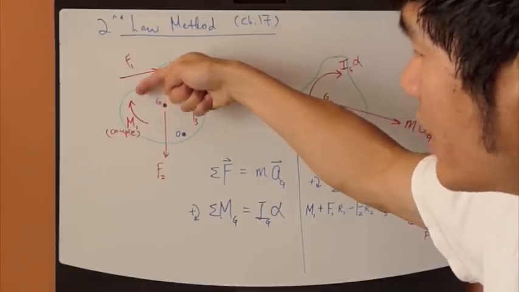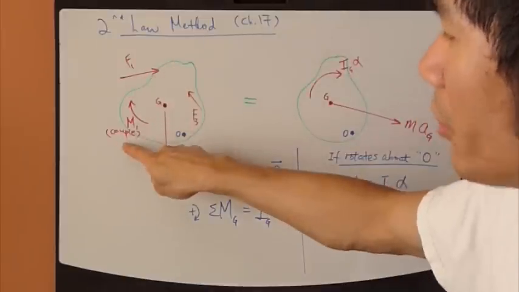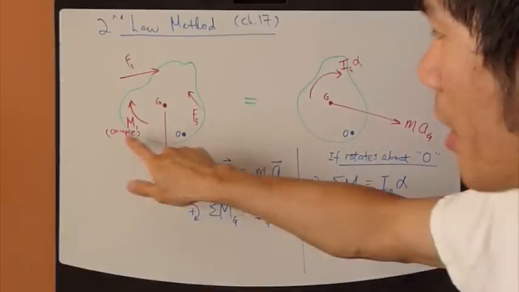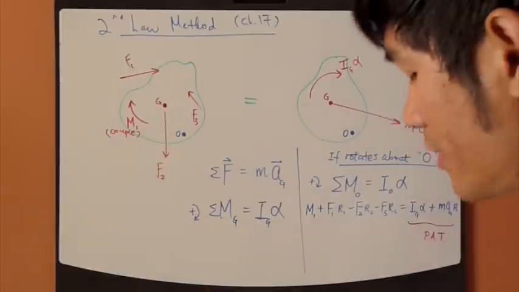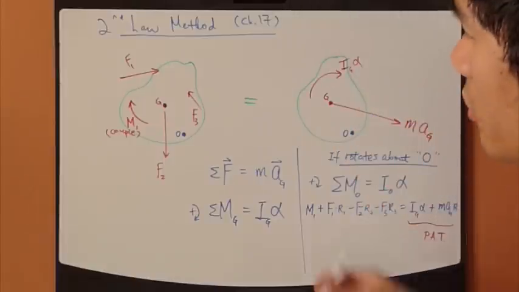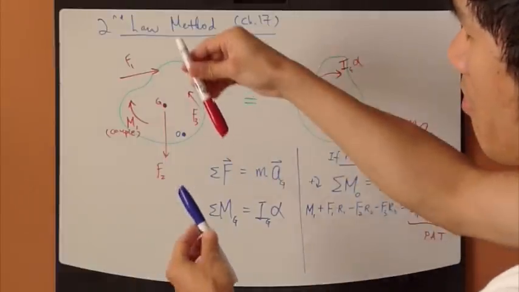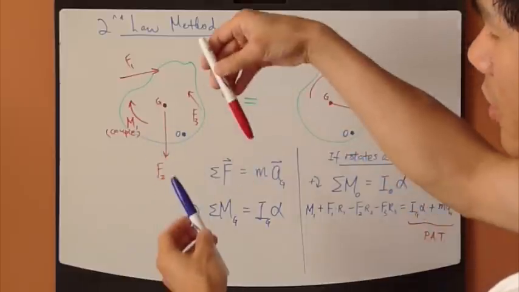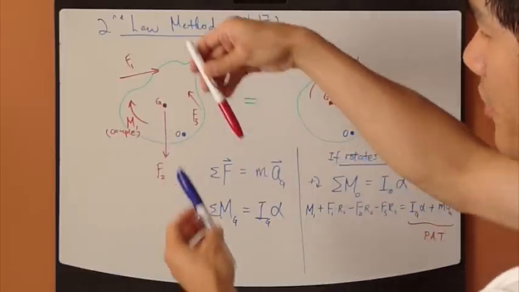Also, this rigid body might be subject to a couple. You might remember from statics, the couple is the effect of two parallel forces acting at a distance apart, going in the opposite direction.